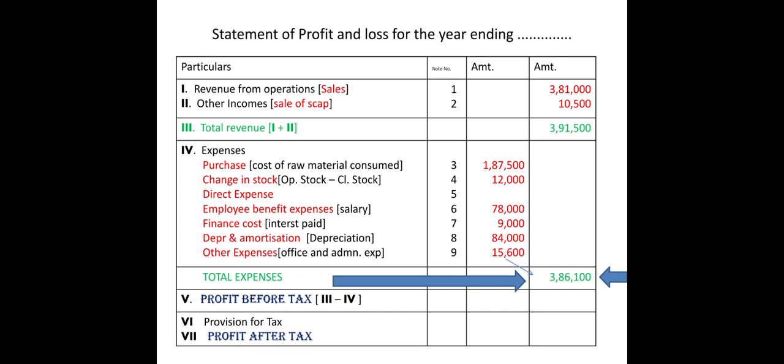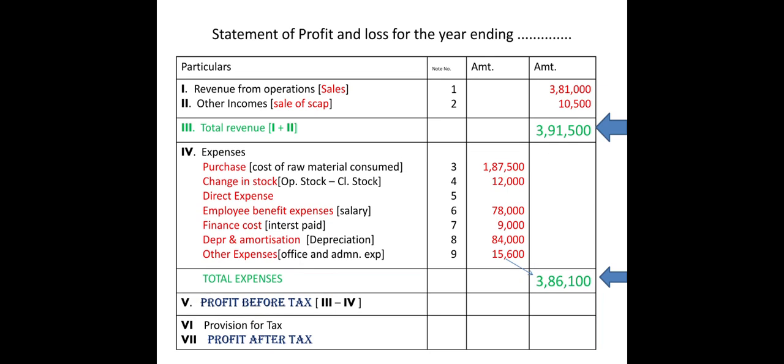Okay, so 3,91,500 is our total revenue, and out of that we have to deduct 3,86,100, that is our total expense. So if you find the difference of both, student, if you can see I have mentioned both of them by a sign.